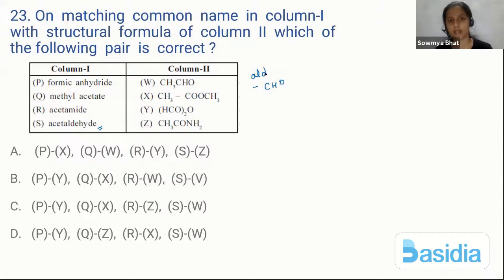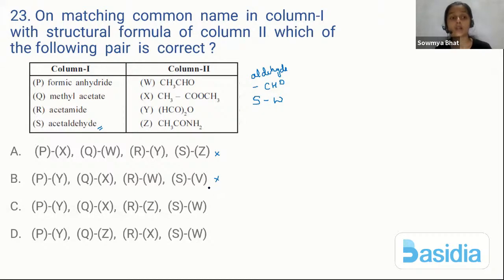So whenever a question is given like this, just go for the simplest option, then rule out the other options, so that instead of getting 100 as a wrong answer, you remove 2 options, and you get a 50 percent chance of getting the question correct. So acetaldehyde, that's option S, will go with option W. Just see where they are. So you are ruling out these 2 options.